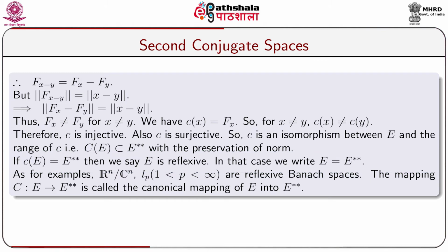As per examples, the normed linear spaces Rn, Cn, and Lp, where 1 is less than p less than infinity, are reflexive Banach spaces. Because if we consider the normed linear space Rn, then we have seen in module 1 that its first conjugate space, or first dual, is also Rn.